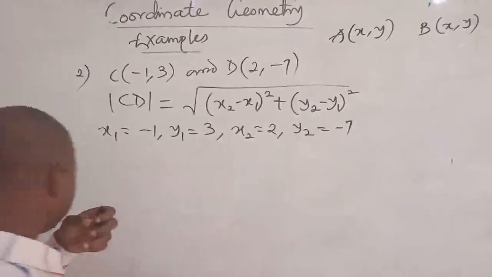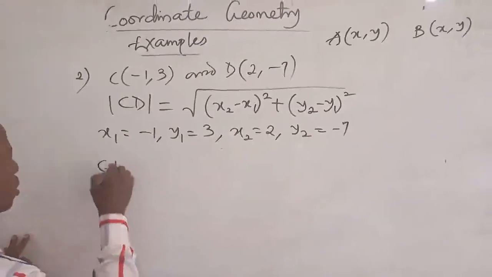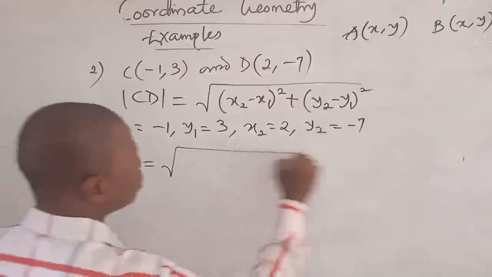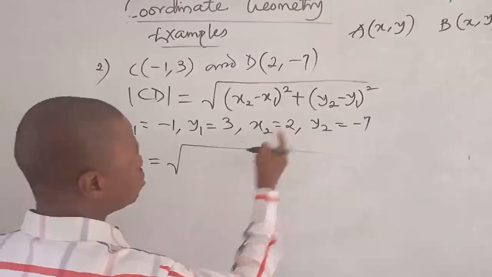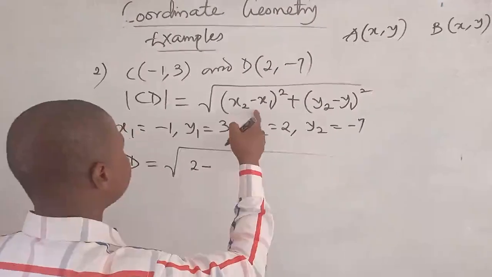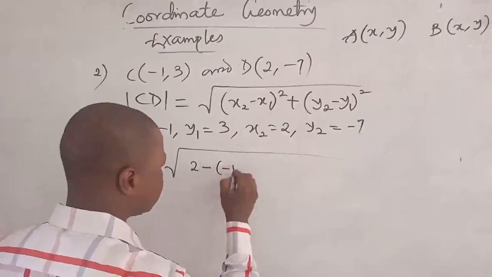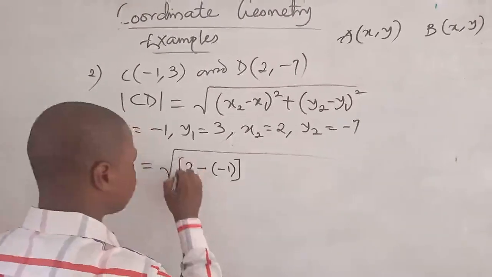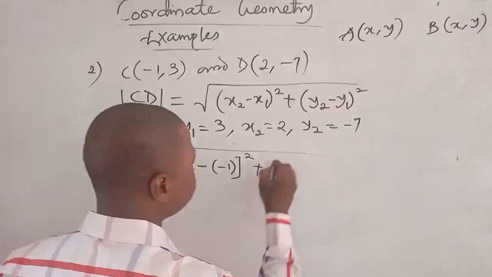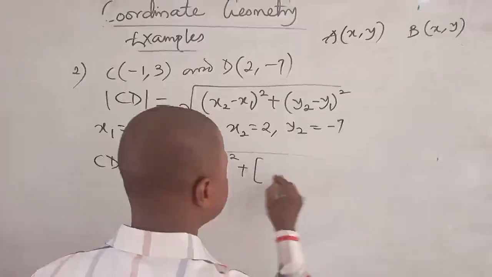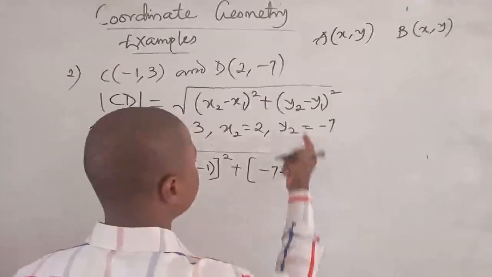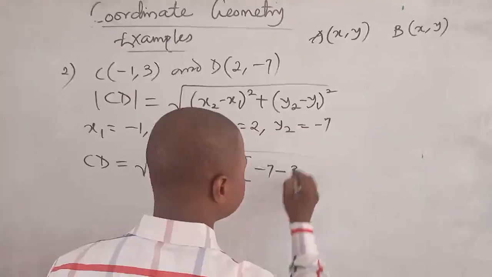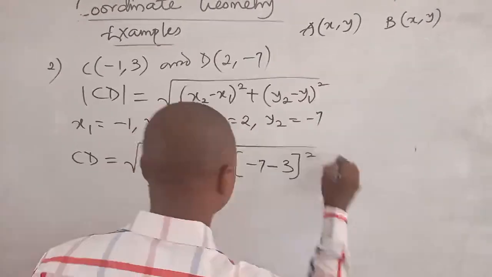So we substitute these values in this equation. So x2, that is 2, minus x1 as minus 1, squared, plus y2, that is minus 7, minus y1, that is 3, squared.